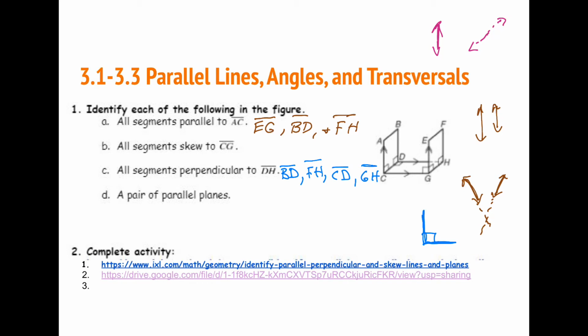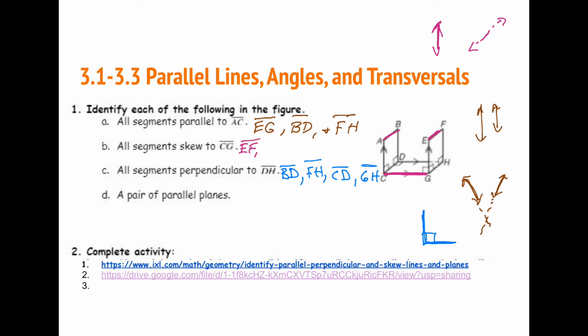So let's take a look at CG. What segments are never going to intersect with that at all? Because they're on two different planes and will never intersect. And so the first one we're going to find is going to be EF, right? If you extend those out forever, those will never, ever touch. They're not parallel, they're not perpendicular, they're just nothing. So EF is going to be skew.